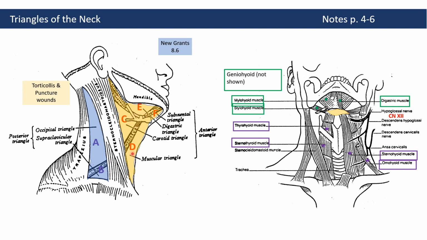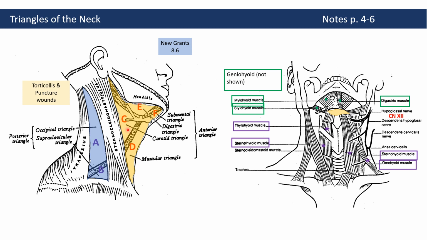Now, when we talk about these triangles, we can then locate specific structures that are going to be in these particular areas. Our infrahyoid muscles, as well as our anterior jugular vein, are found in the muscular triangle.